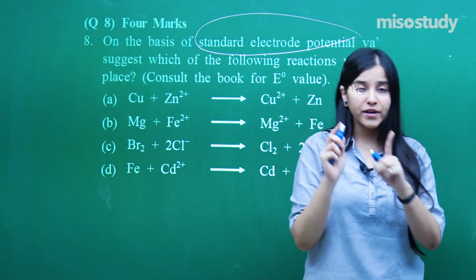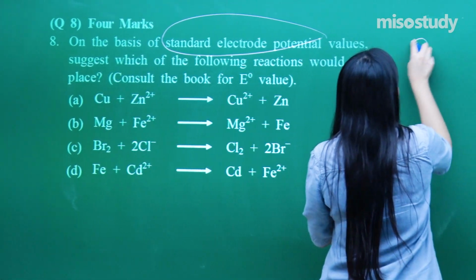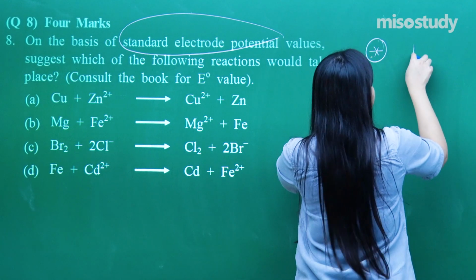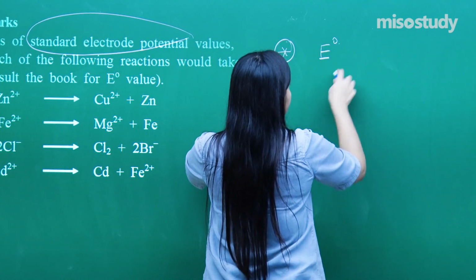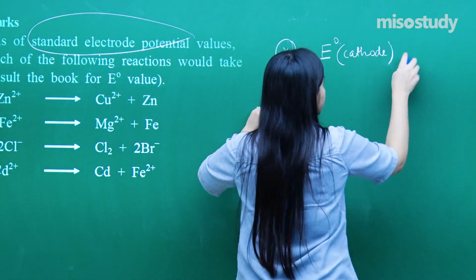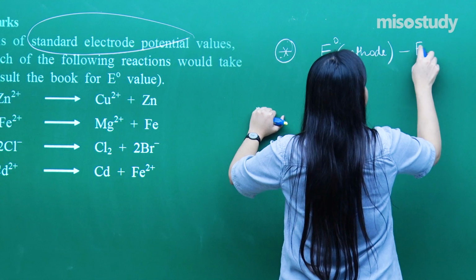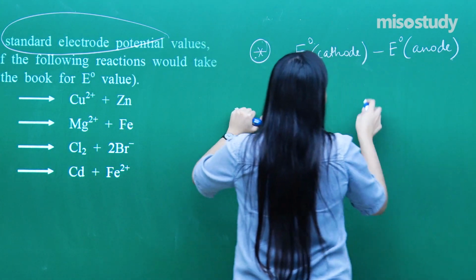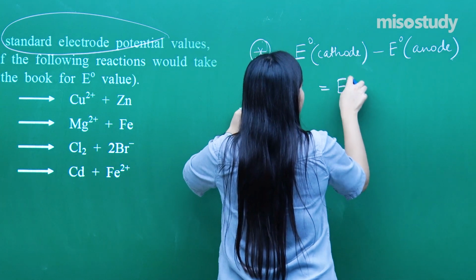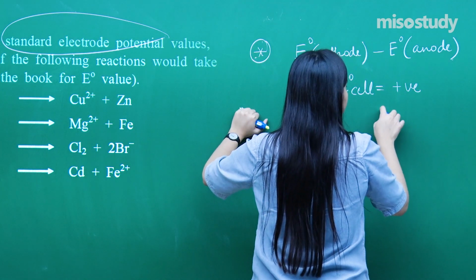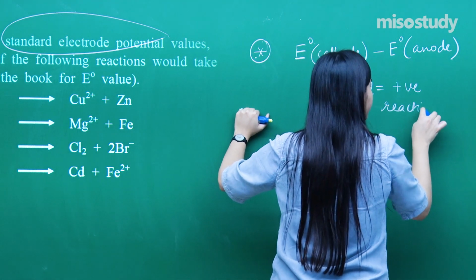See here, it's a very important point, write it down: whenever we have to check whether the reaction is taking place or not, we need the E naught of the cathode process minus the E naught of the anode process. If the final E naught of the entire cell comes out to be positive, then the reaction occurs.